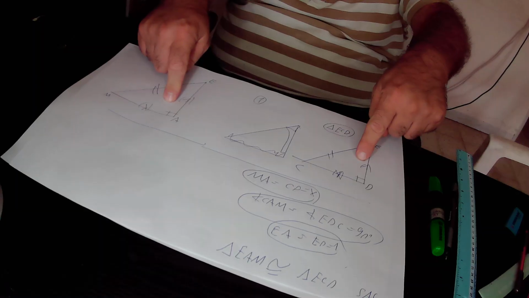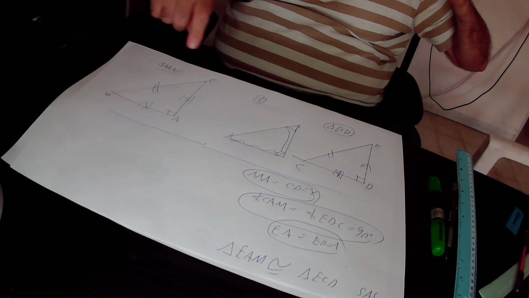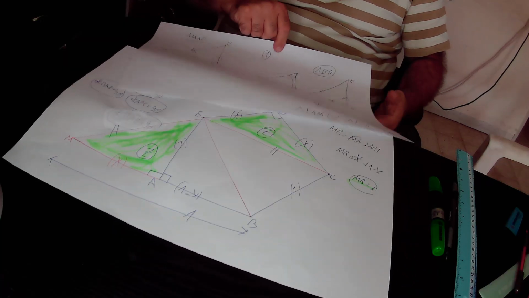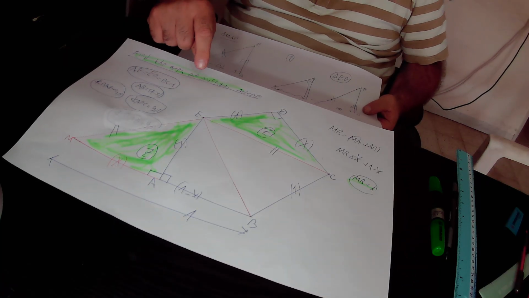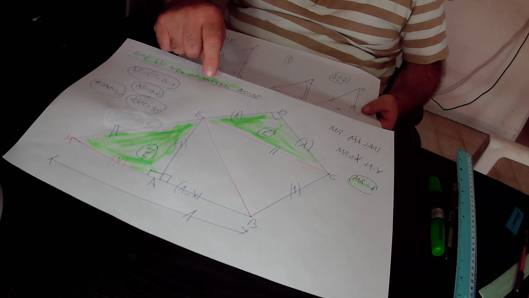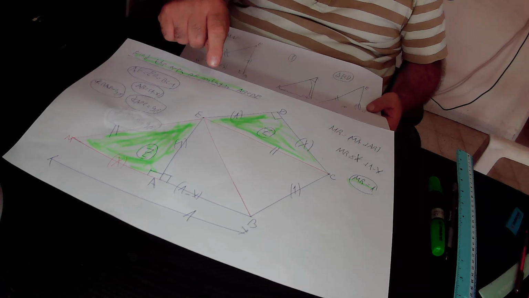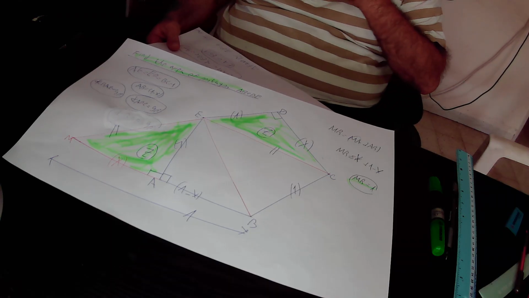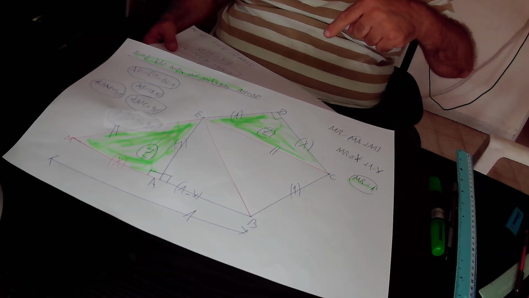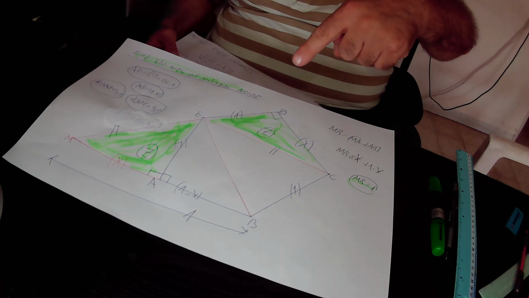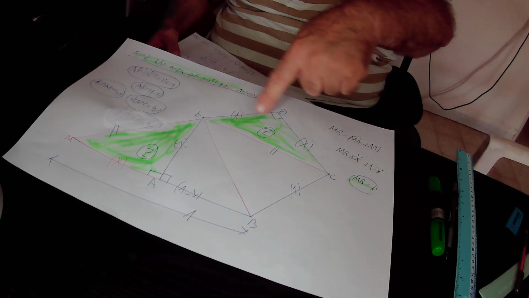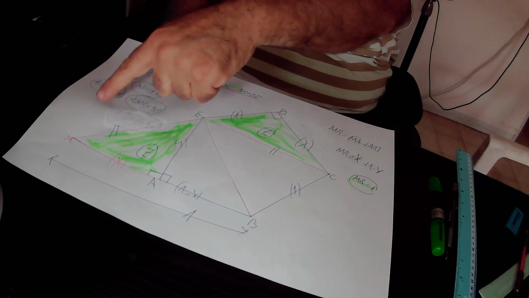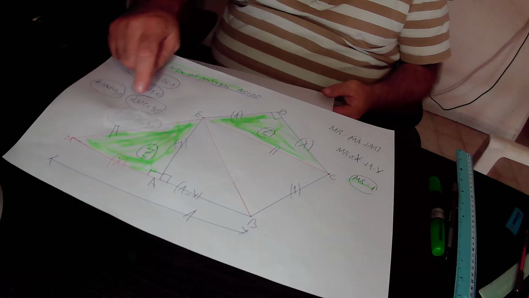Those two triangles are congruent to each other, therefore the two corresponding sides EM and EC must be also equal to each other in their lengths. So side EM equals side EC.